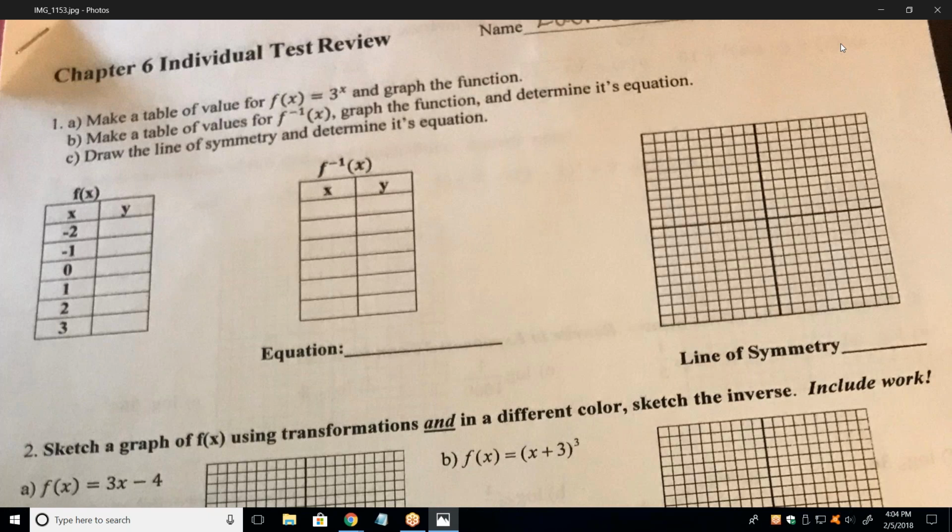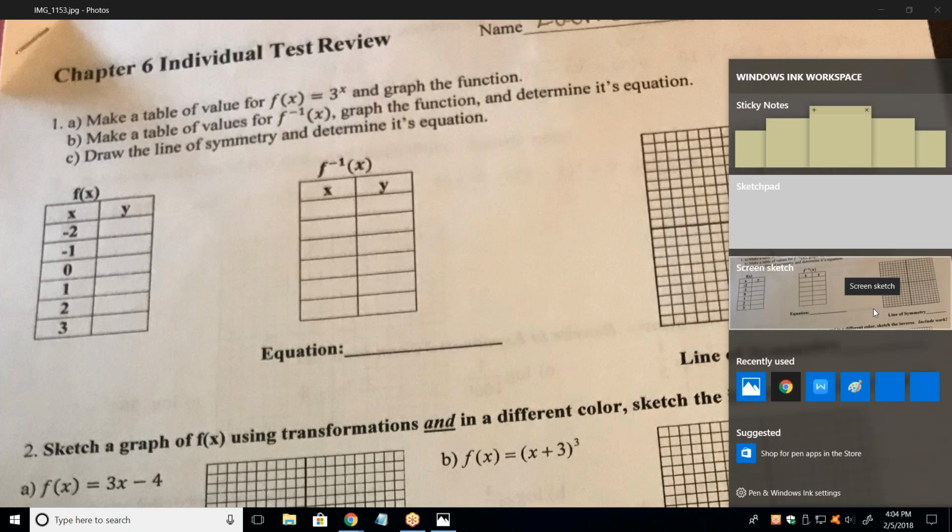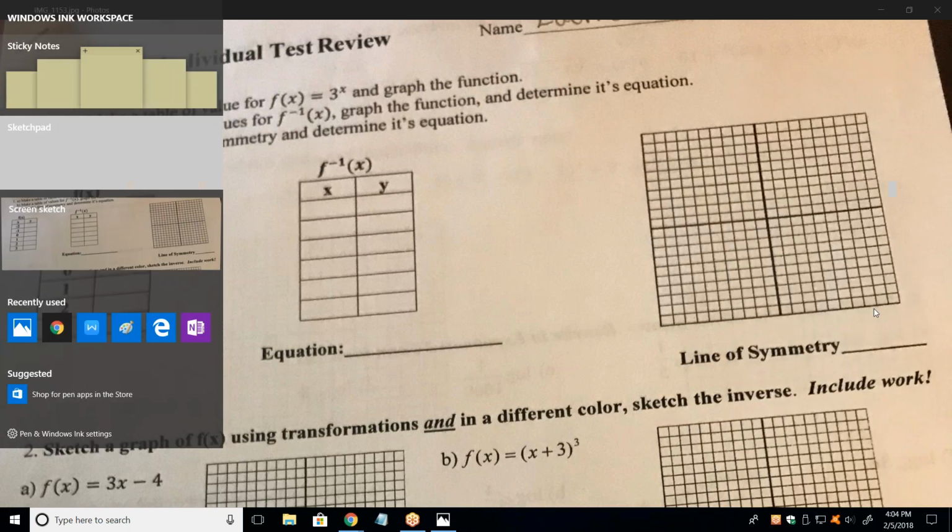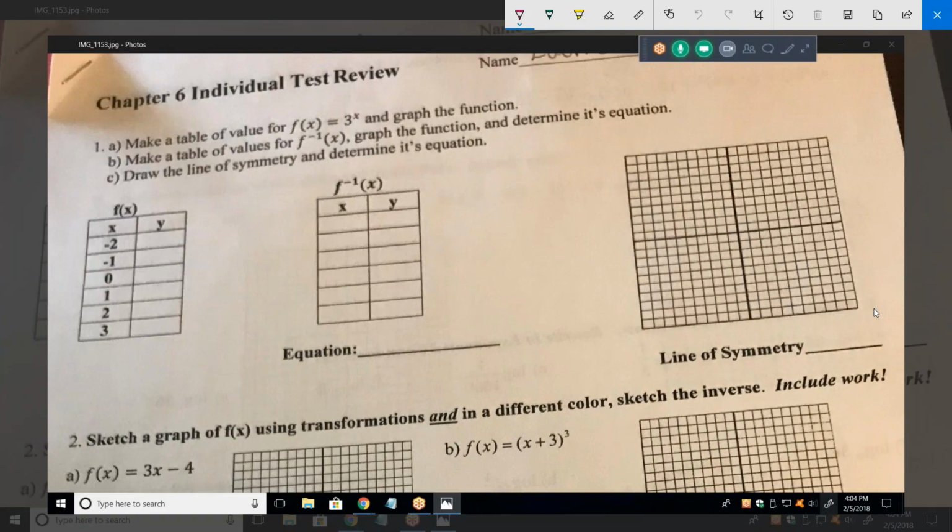Okay. So if our function is 3 to the x power, what is y, or f of x, when x is minus 2? -9. Remember, negative exponents do not mean negative numbers.